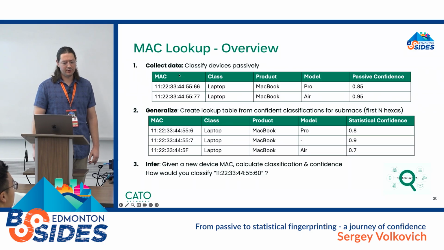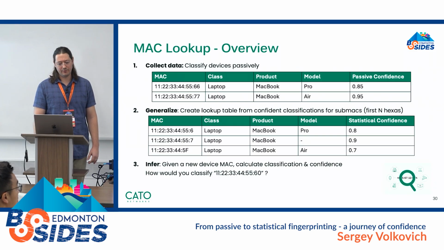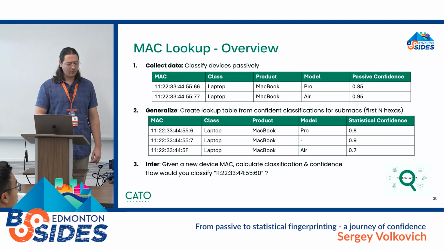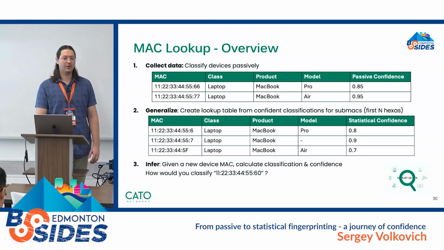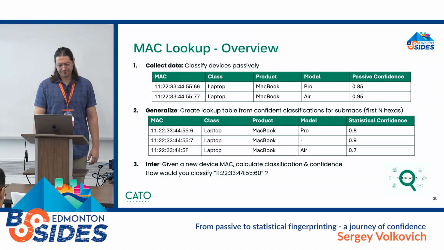We will have the MAC address in the first column, then a few layers of device classification hierarchy. I'll touch on it in a second. And finally, the passive confidence. Important to differentiate it from the statistical confidence, which is calculated differently. We'll touch on that as well.